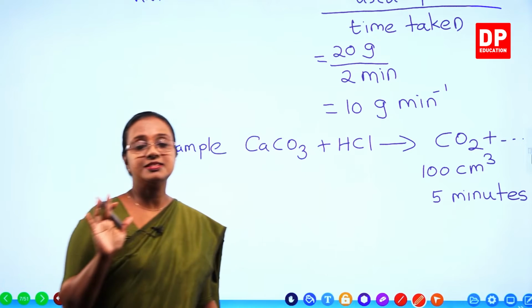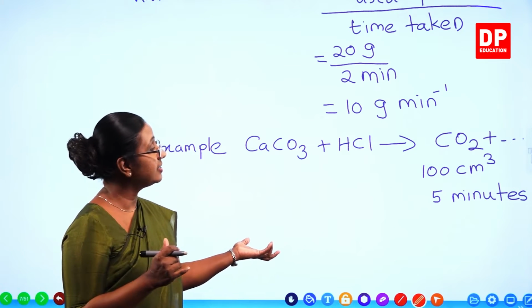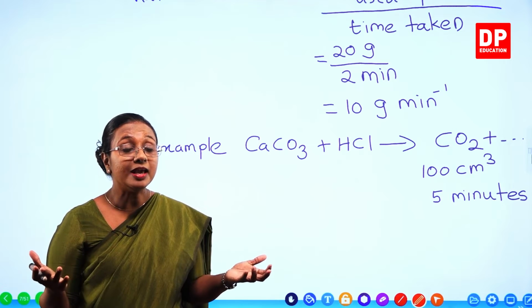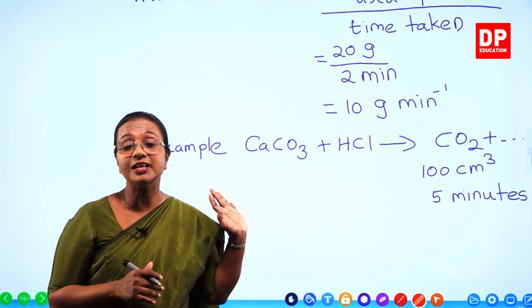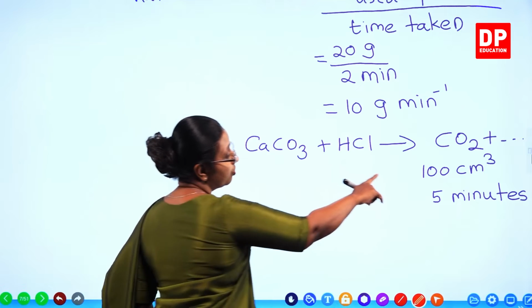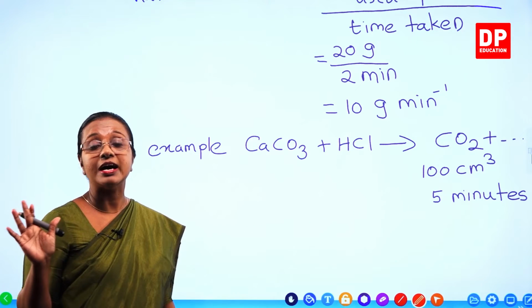This is just an example, students. It all depends on how you take calcium carbonate, what the temperature is. This is just to show you all how we can calculate rate of reaction.